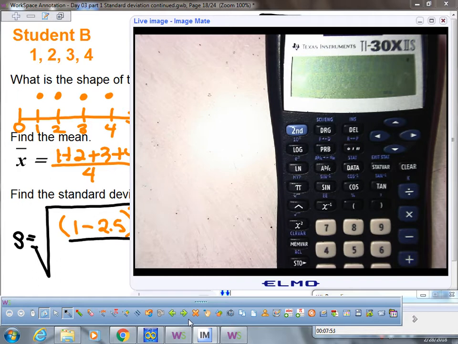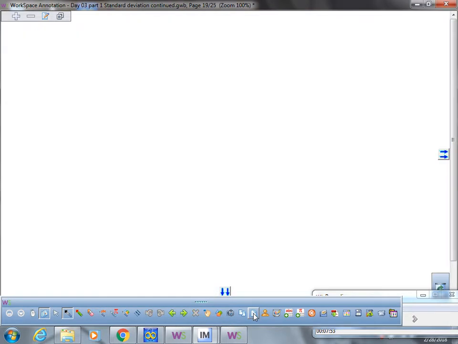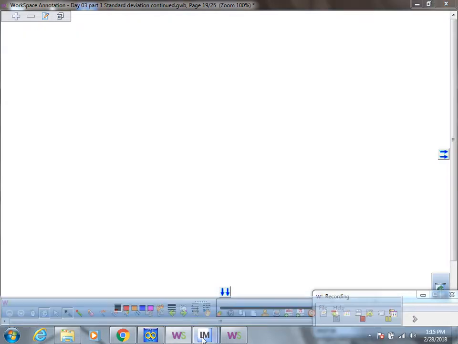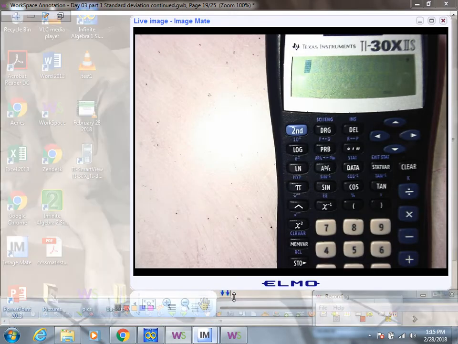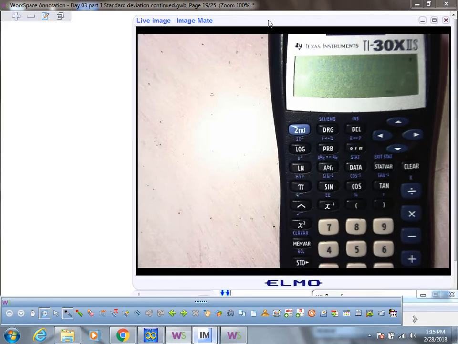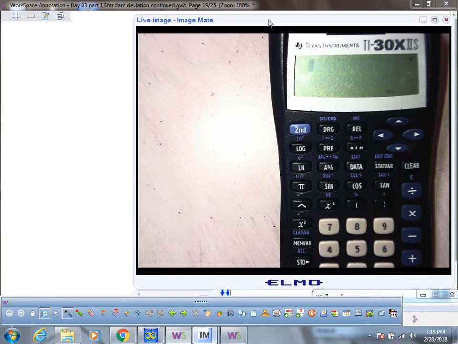Let me write the steps up first, and we're going to follow the steps. I've got the steps on the board, but I want to put them in the presentation.